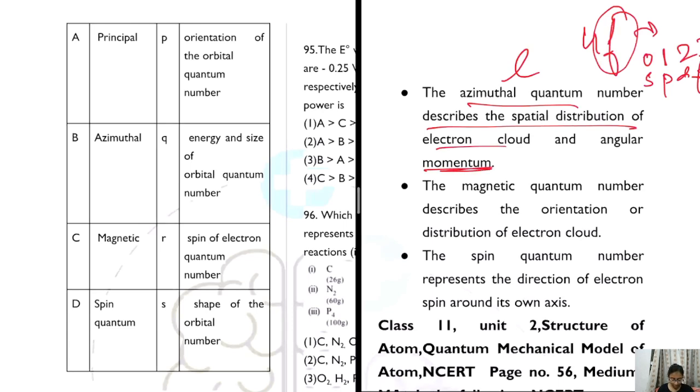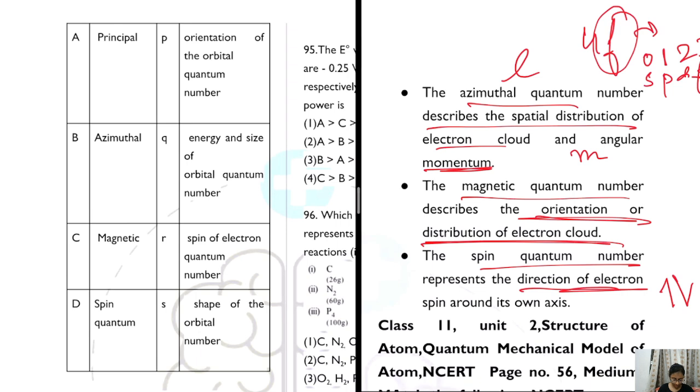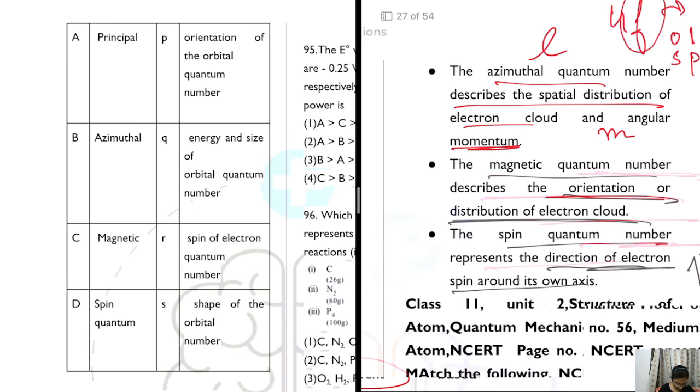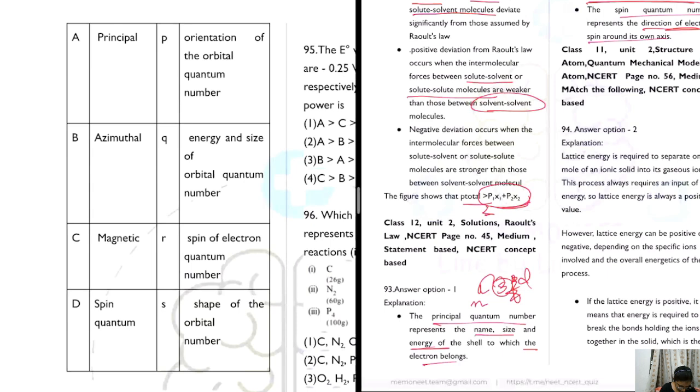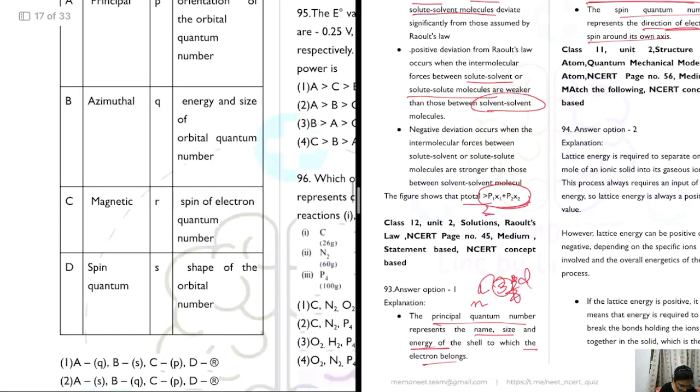And what does the magnetic quantum number tell? It tells us the orientation and distribution of the electron cloud, and the spin quantum number tells us the direction of spin of electrons around its axis. So let's see now. Principal quantum number will tell us about energy and size.